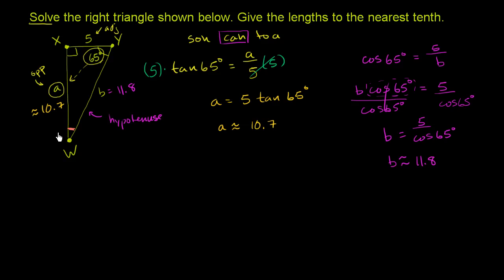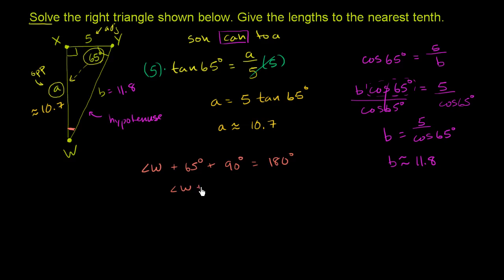Well, here we just have to remember that the sum of the angles of a triangle add up to 180 degrees. So angle W plus 65 degrees, that's this angle up here, plus the right angle, they're going to add up to 180 degrees. We can simplify the left-hand side: 65 plus 90 is 155.